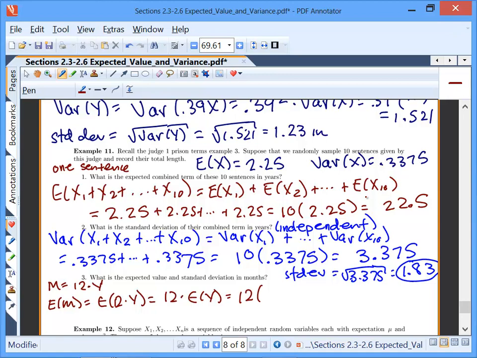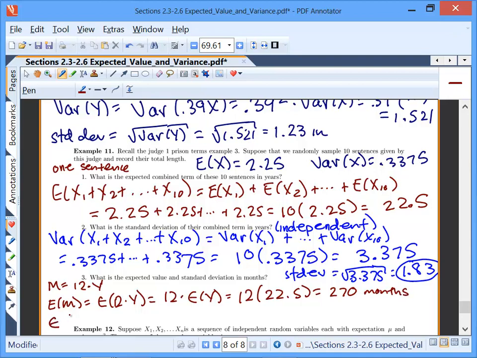I guess I never said y is my total length anywhere, did I? So let's say y is my total length. So 12 times my 22.5, 270 months is the total length for these 10 people.